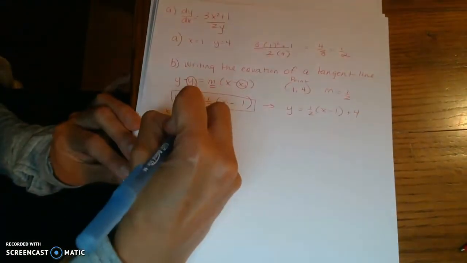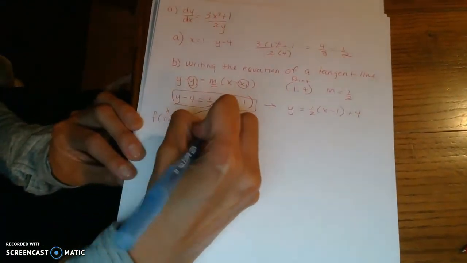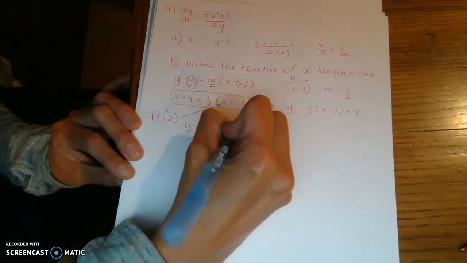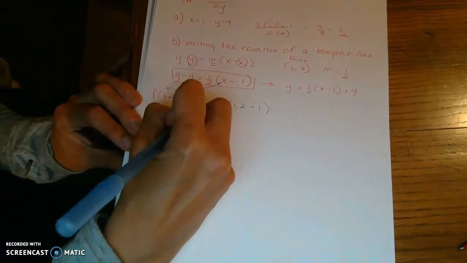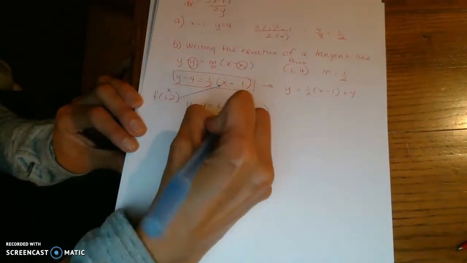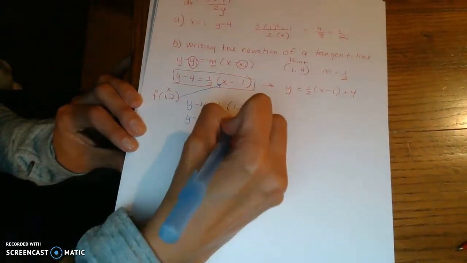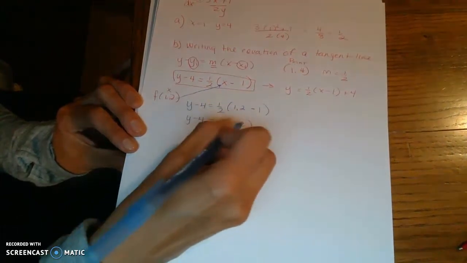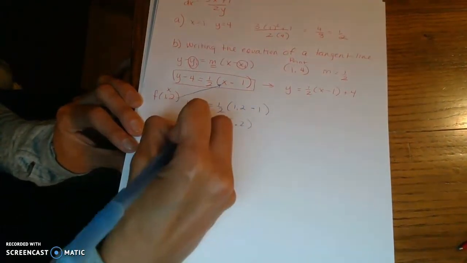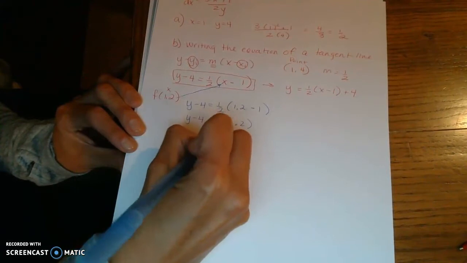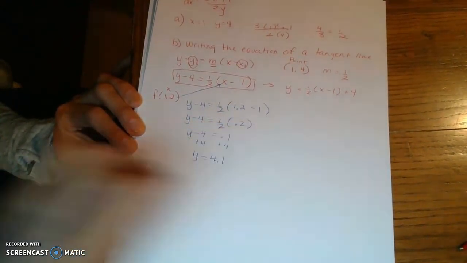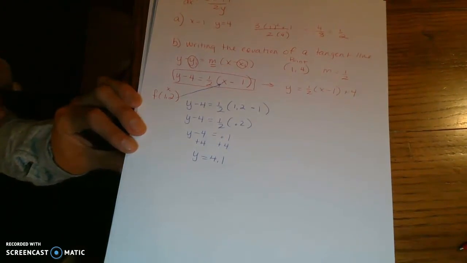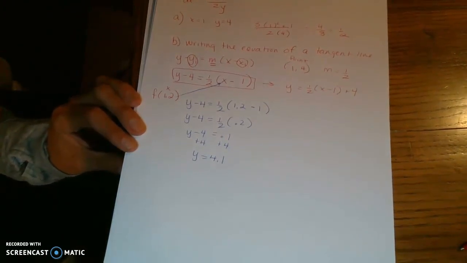So here I go. y minus 4 is equal to 1/2 times (1.2 minus 1). And parentheses first, please don't distribute. 1.2 minus 1 is just 0.2, and then 1/2 of 0.2 is 0.1. And you add that 4 over, and we get that y is equal to 4.1. Done. Okay, so that was part B. That was also a nice question.